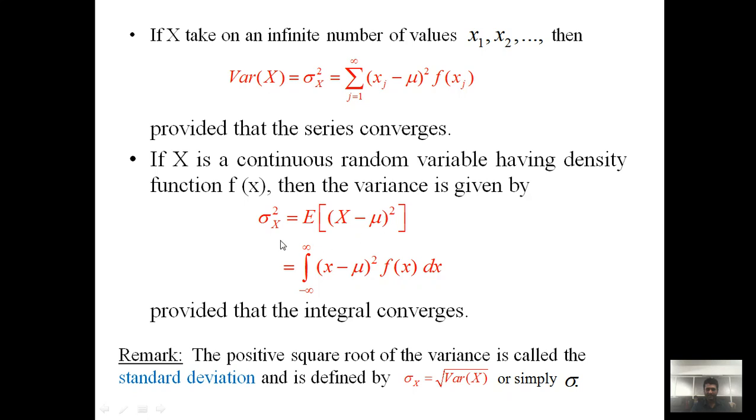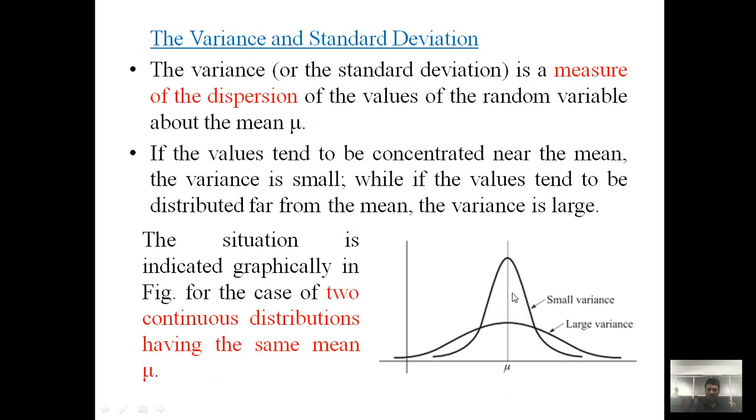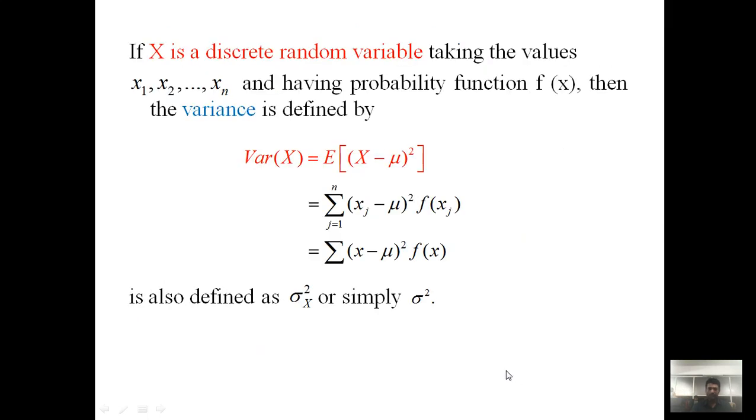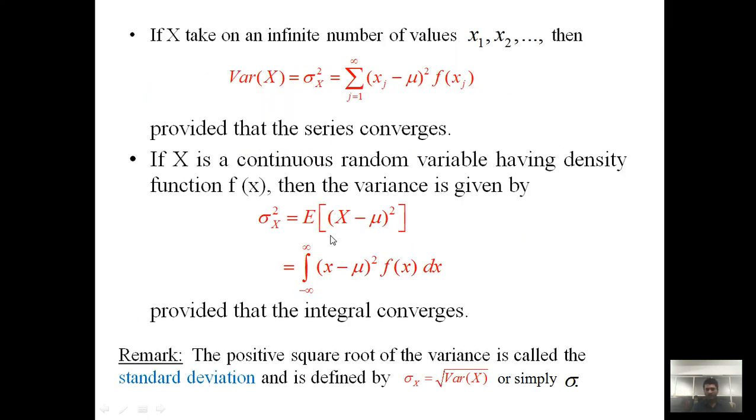This is the variance, that is, how the values deviate from the mean. It is written as the expectation of (x minus mu) square, which is equivalent to the integral from minus infinity to infinity of (x minus mu) whole square into f of x dx.